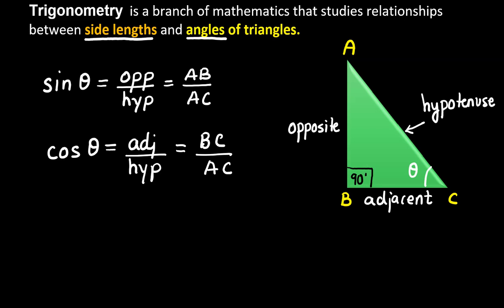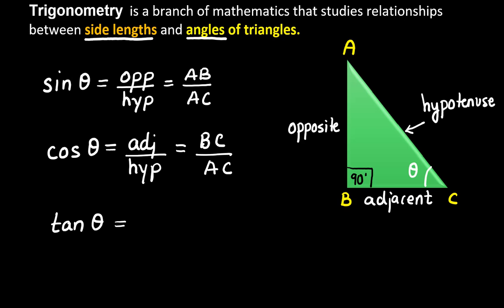Next is tan theta. Okay, tan theta, I'm giving you another hint over here. Tan theta is nothing but sine theta upon cos theta. Okay, so this is another form of remembering tan theta, but for the time being I'm going to give you in the ratio form.